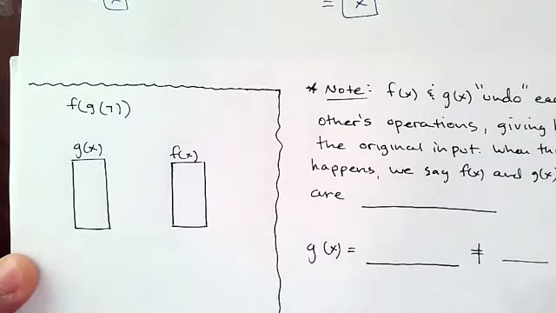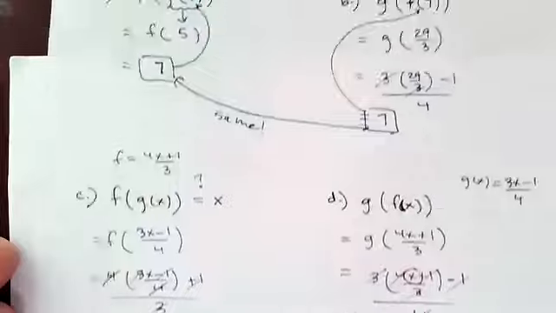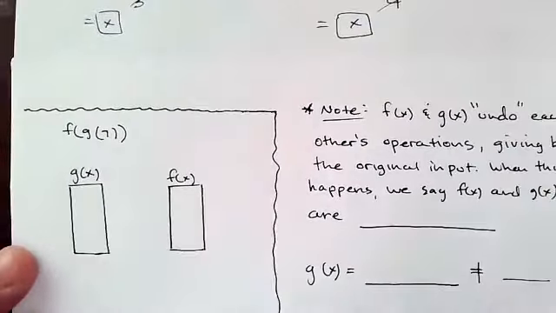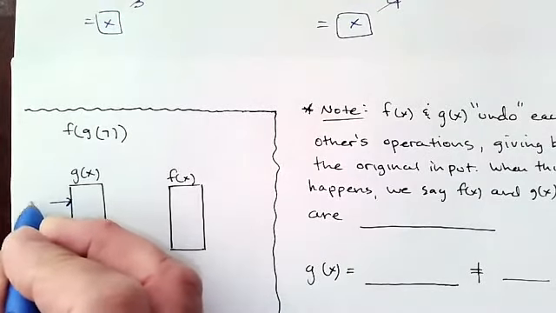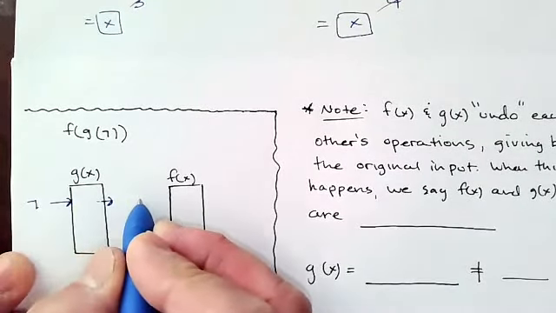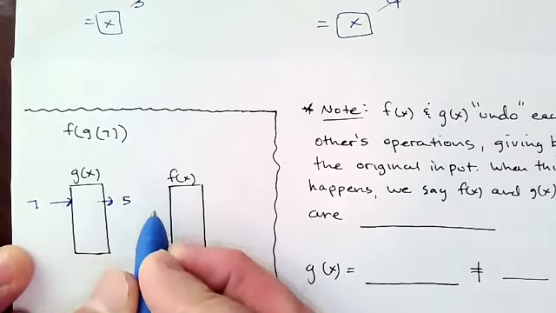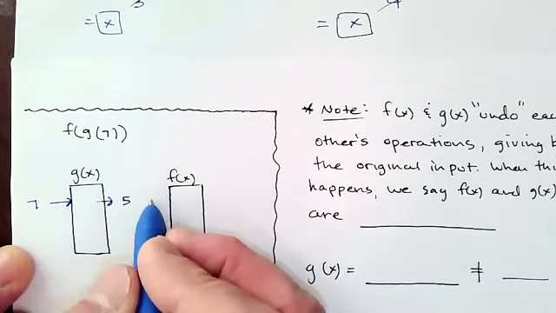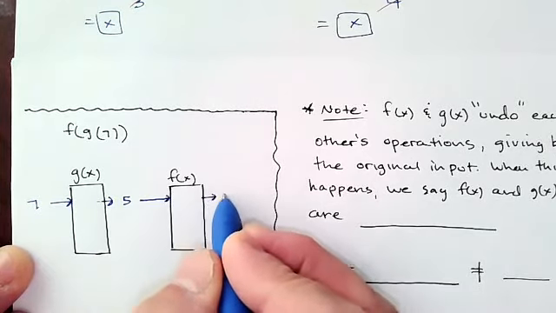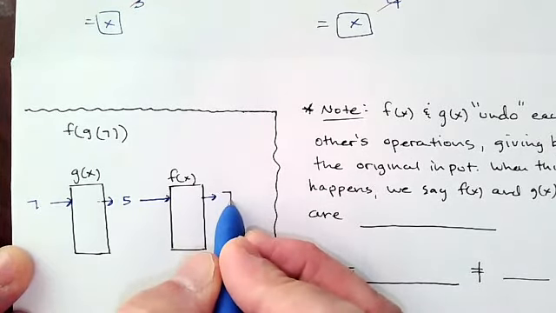f of g of 7, we did that up here. The first thing we did is we plugged in 7 as our input for g of x, and what came out was actually a 5. But then we saw when we plugged 5 into f of x, it got us right back to the 7.